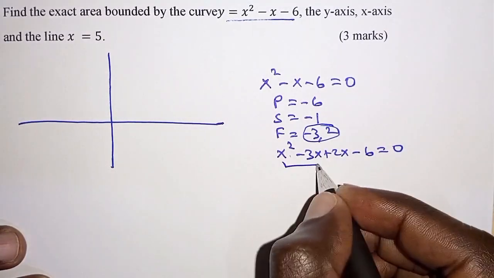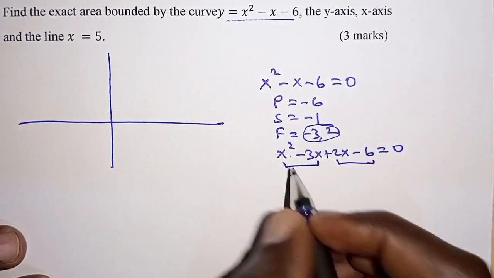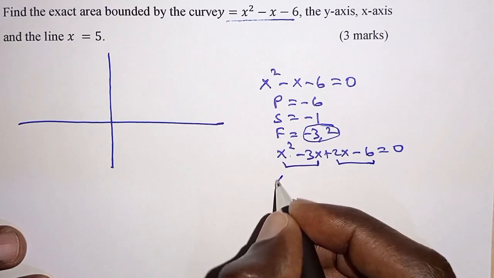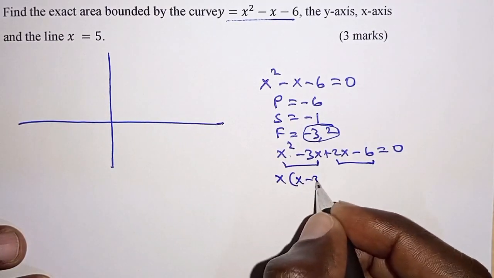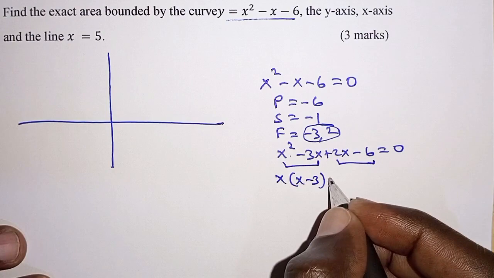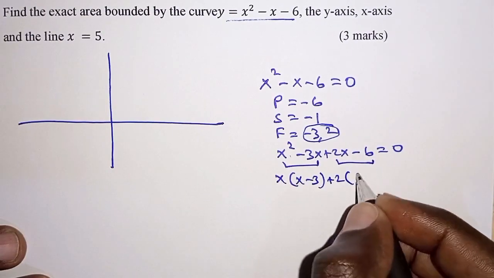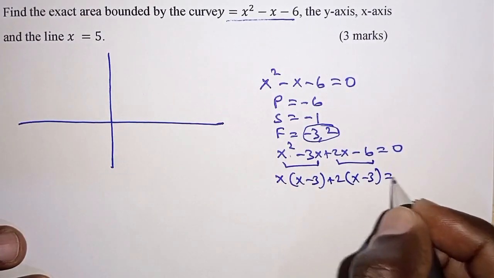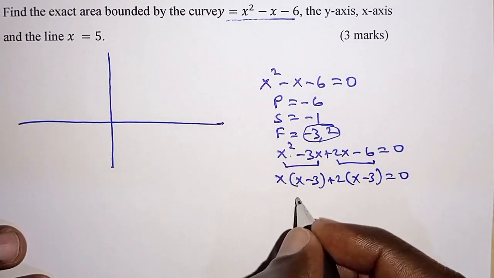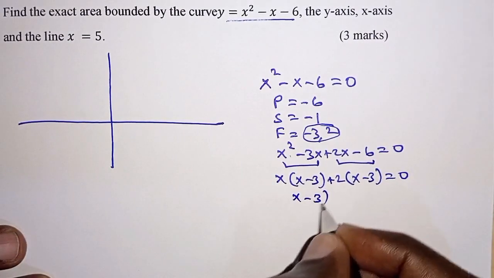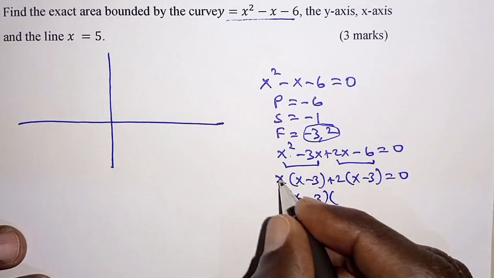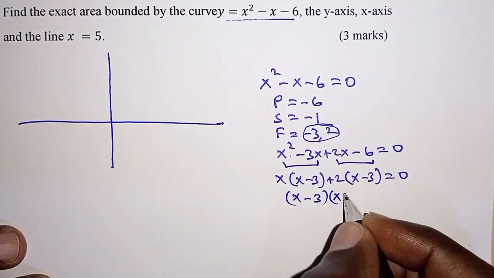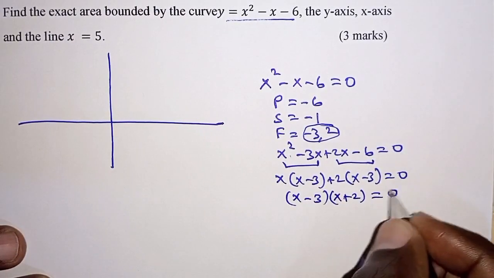Now pairing and factorizing, we'll have this as x into x minus 3, and for the other part we have positive 2 into x minus 3 is equal to 0. So x minus 3 is common, and then in the brackets we'll have x plus 2 is equal to 0.